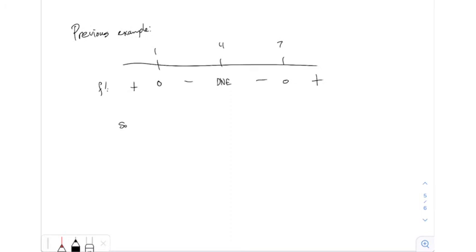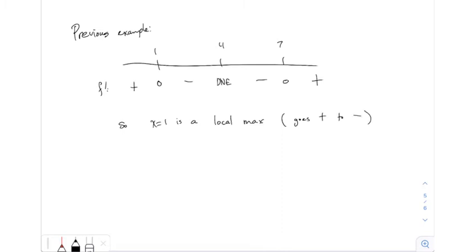So, x equal 1 is a local maximum. That's because when you look on the chart near x equal 1, it goes from plus to minus. That's the rule. If it goes increasing and then decreasing, that means it's a local maximum. So the reason it's a local max is because it goes from plus to minus near 1 on the chart.